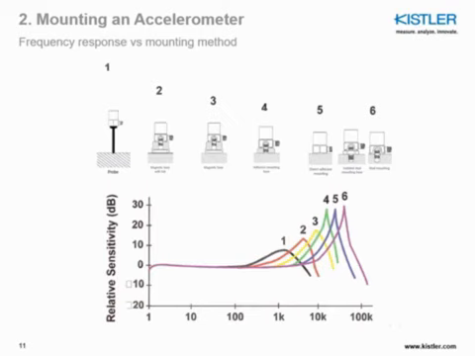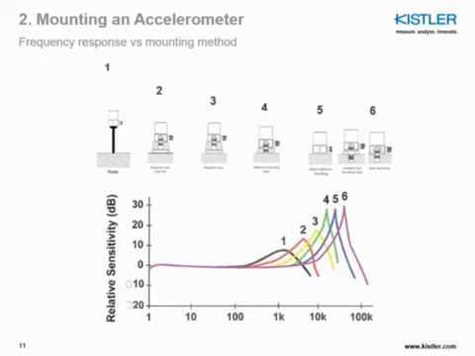In that case, you use a stud and a separate plate, or something that is all integrated together. This adds some mechanical filtering, so you can see that your frequency response, which is in green here, will start its resonant frequency peak much sooner.